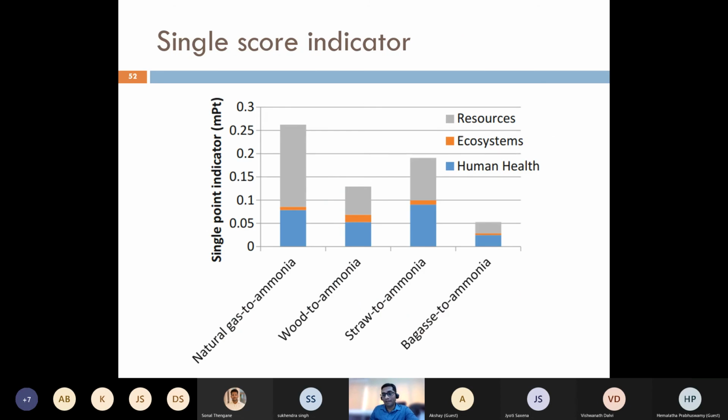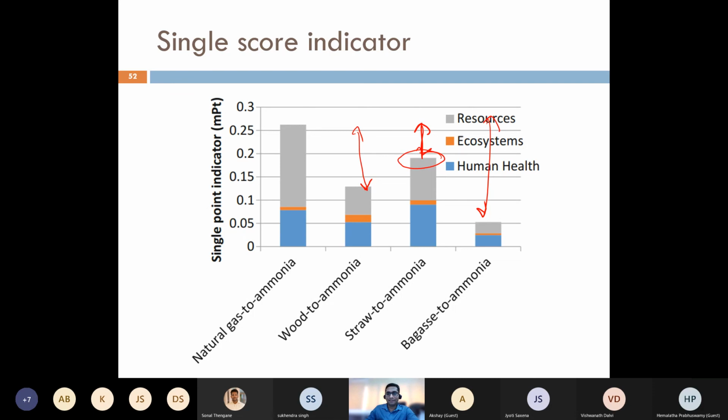And if I go for normalizing all of them and bringing them into a single score, I can see that I have some amount of saving. Even in the worst case, as in India, I still have some amount of saving. It is largest in the case of Brazil and somewhere in the middle in the case of Australia.